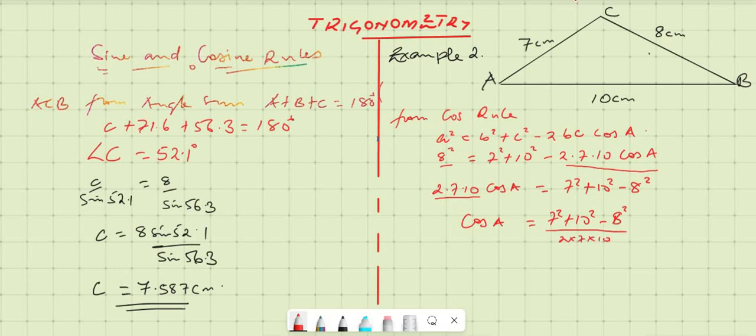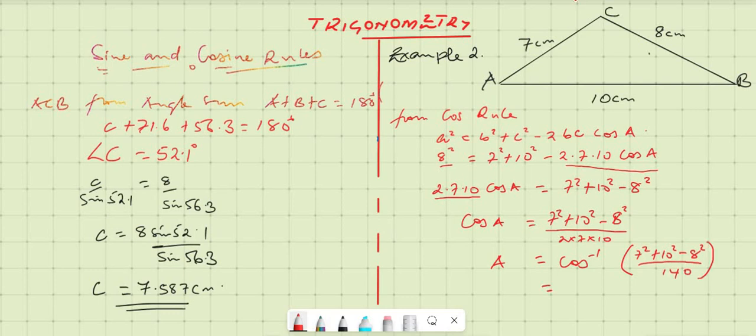When you conclude here, you use your calculator and press it very well. Make sure you make proper use of the brackets, and you find the angle from the calculator by taking the inverse cos of the whole of this: 7 squared plus 10 squared minus 8 squared, all over 2 times 7 times 10.